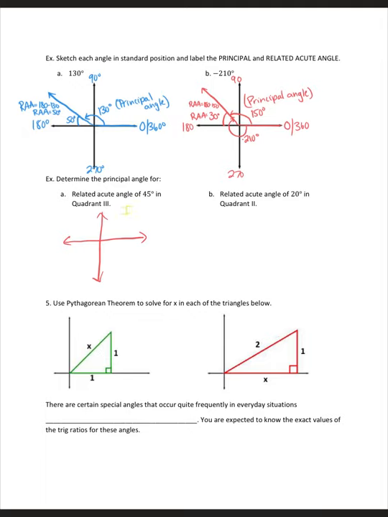So we have quadrant 1 starts there and then it moves counterclockwise for the other quadrants. So we have a 45-degree angle in quadrant 3. So there's my quadrant 3. All right, and it's a related acute angle. So that's the angle made with a terminal arm and the x-axis. So we're going to have 45 degrees there. Let's do that again so it doesn't look like 450.